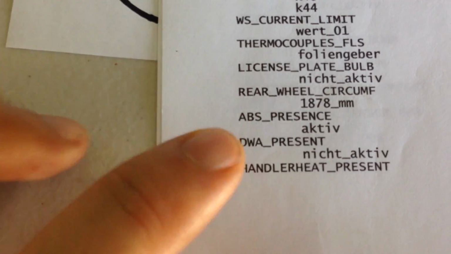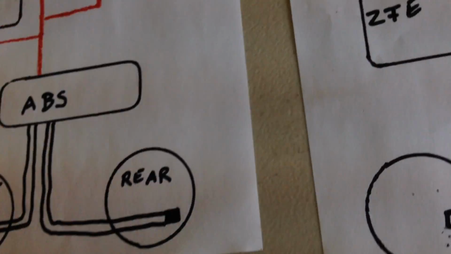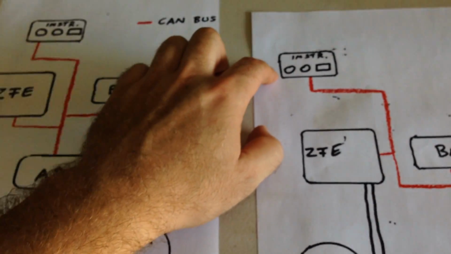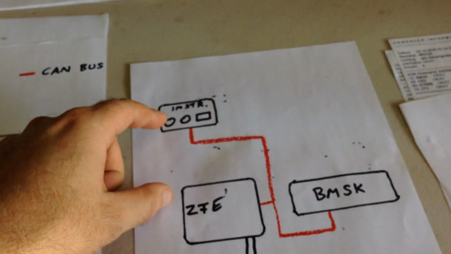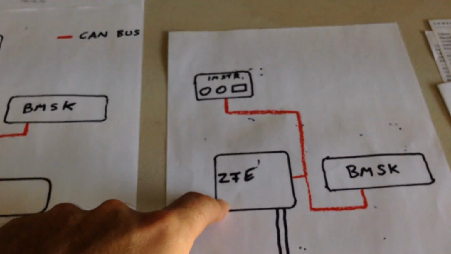Take the values out for the ABS, and here we go. So ABS presence, you have to set that to not active. You have to recode the instrument cluster, because in the instrument cluster there's the same thing, ABS not active. So then the instrument cluster knows that it's getting the information from the ZFE.